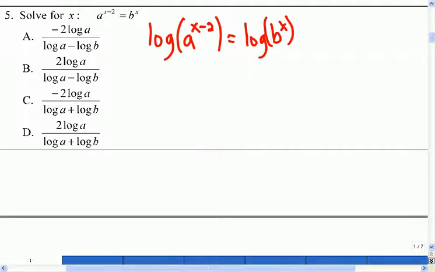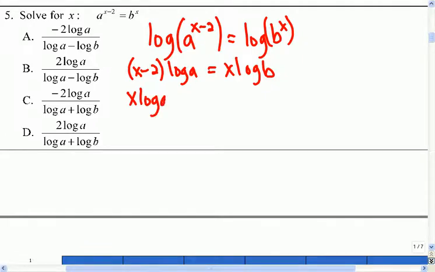So this is going to become x minus 2 log A equals x log B. And I'm solving for x, so I want to move all my x's to one side and factor them out. This will be x log A minus 2 log A is x log B.